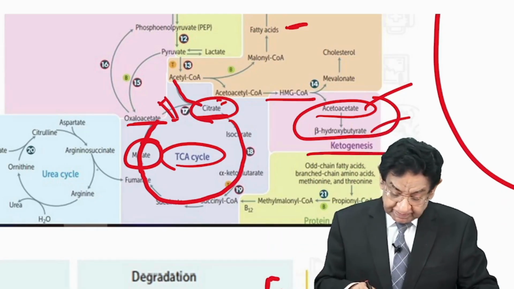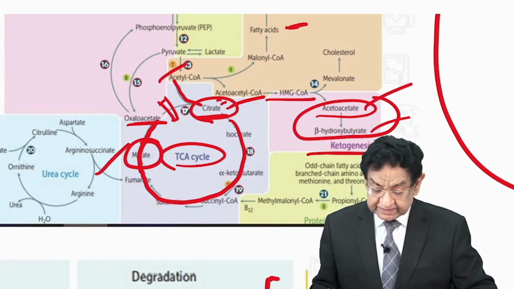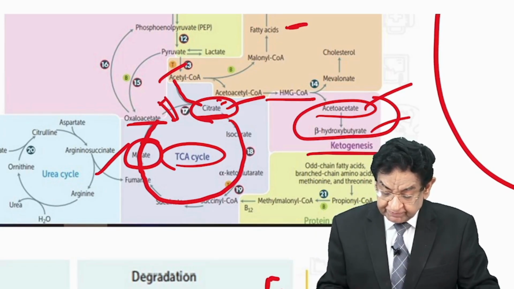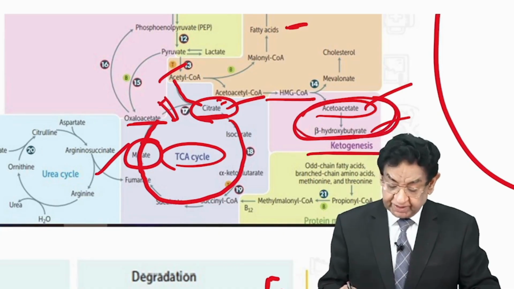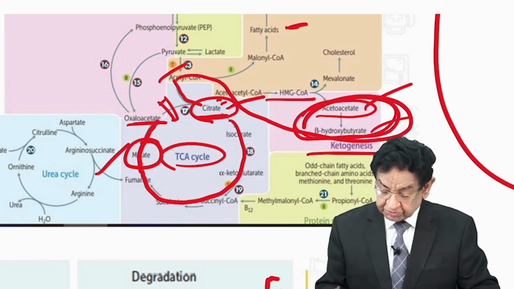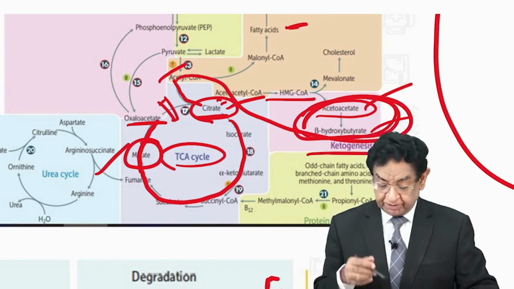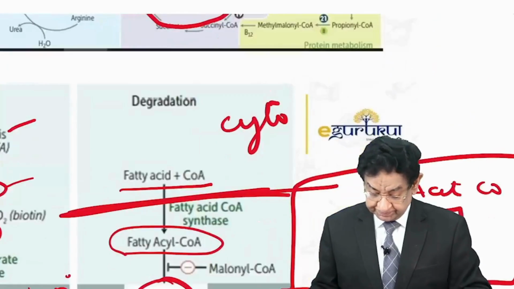So whatever malate will be increased, citrate will be increased, acetyl coenzyme A will be increased. So now this acetyl coenzyme A will start going into this route, and this is how ketosis occurs, because of back pressure. Simply back pressure.